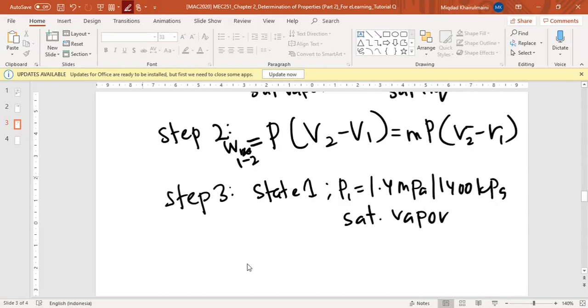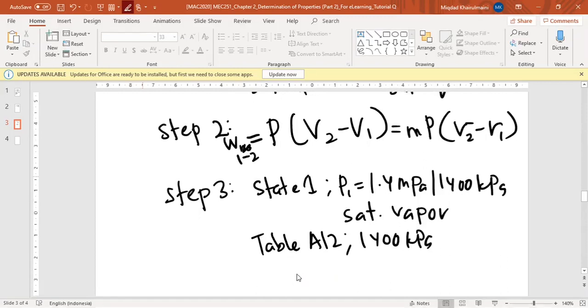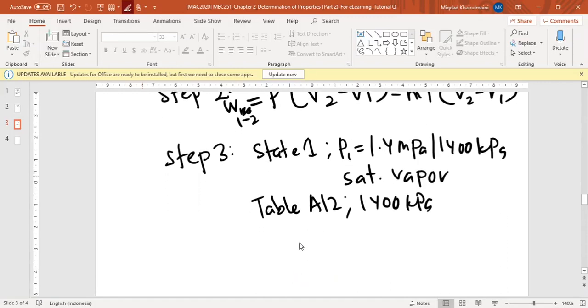Using table A12 at 1400 kilopascal, since it is saturated vapor, v1 is equivalent to vg. The value for vg from the table is 0.014107 meter cubed per kilogram. That is all for state 1.